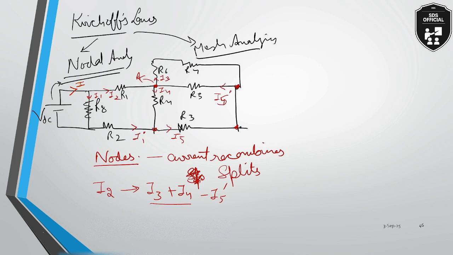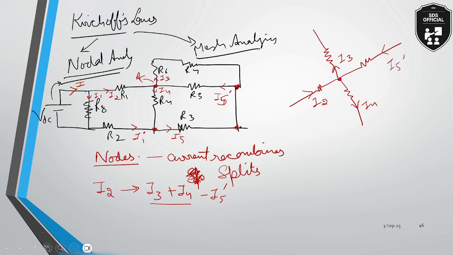So I mean to say that if I take only node number A, there are four branches associated with this. This is, let us say, I3, this is I2, this is I4, and this is I5 dash.